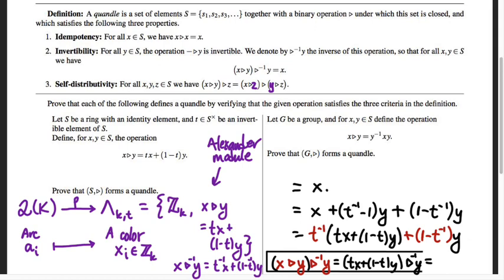So that work that you just did on the backboard to demonstrate the invertibility for this magic average operation showed us exactly this: that we can undo a triangling by y by just using an inverse triangle by y, that it just undoes whatever that triangling by y does and leaves us with just x back again. So that was super important in Quandle land.